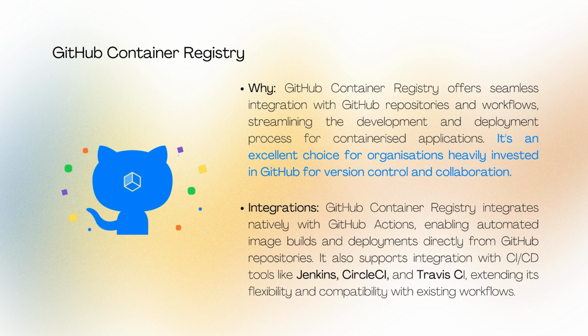GitHub Registry integrates natively with GitHub Actions, enabling automated image builds and deployments directly from GitHub repositories. It also supports integration with other CI/CD tools, such as Jenkins, GitLab, or Travis CI, extending its flexibility and compatibility with existing workflows.